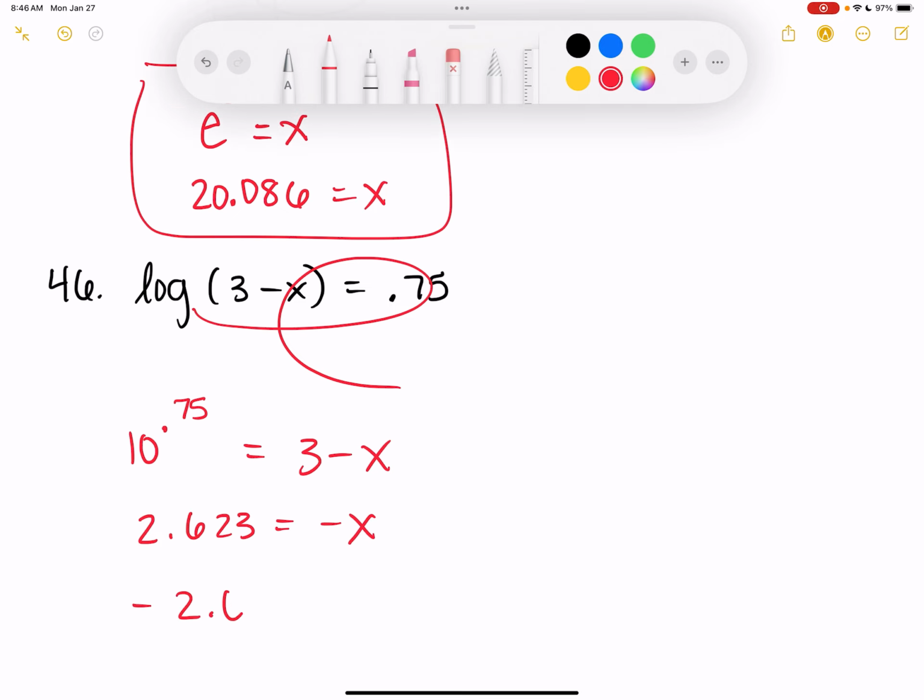Negative 2.623 equals x, and that would be our answer on that one. So I raised this to the power, and then I subtracted 3 to get to here, and then I divided by the negative to get my final answer.